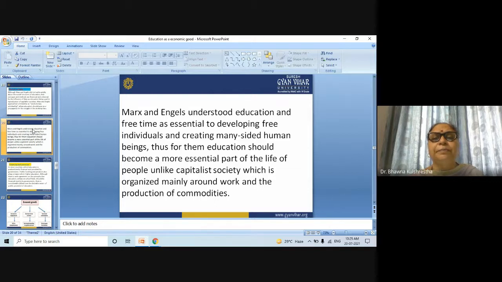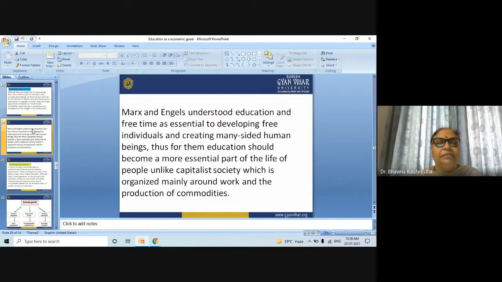Thus, for them, education should become a more essential part of the life of pupils, unlike capitalist society, which is organized mainly around work and the production of commodities.